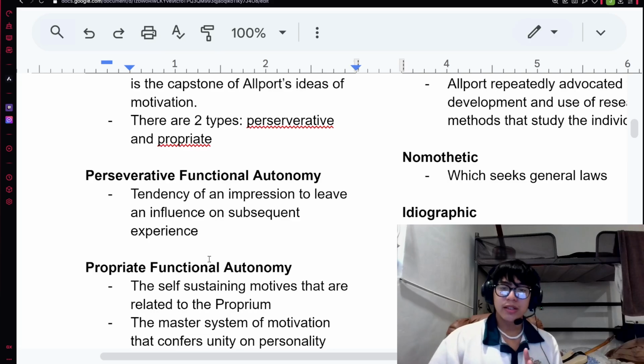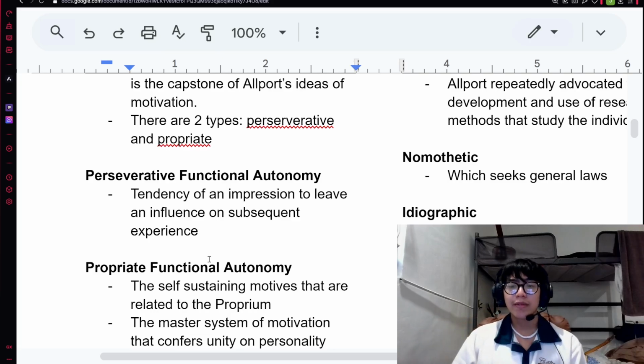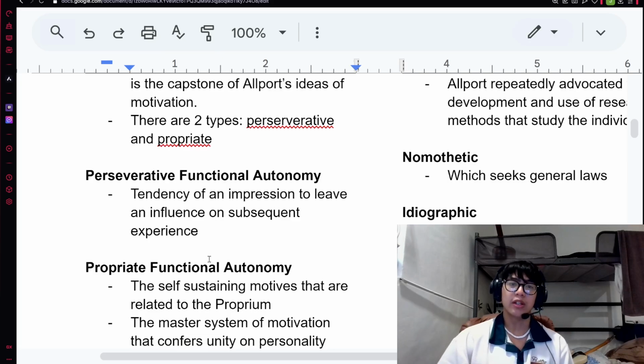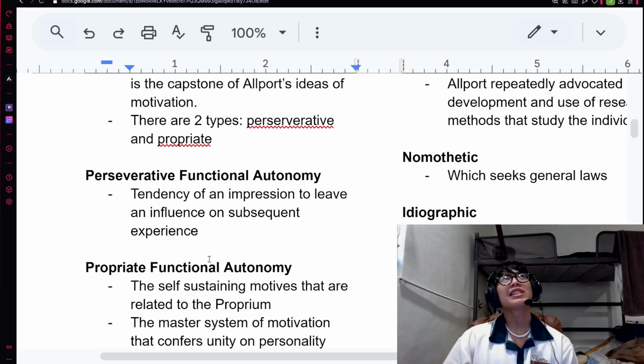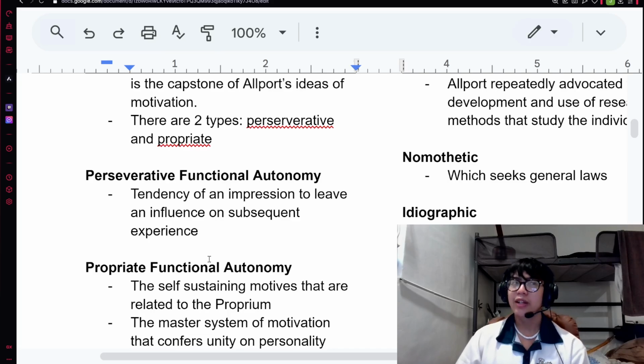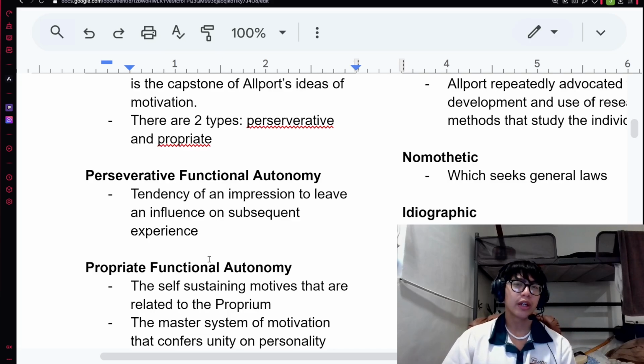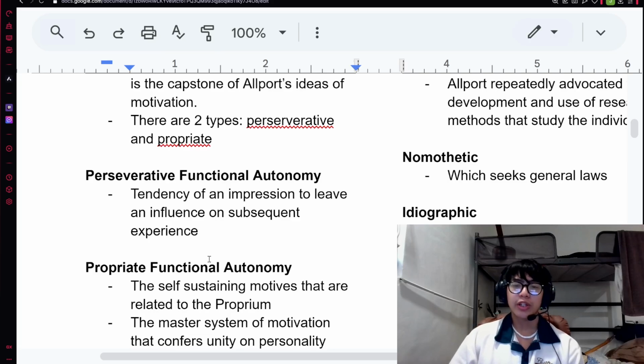So what's perseverative functional autonomy? This is the tendency of an impression to leave an influence on subsequent experience. It's somewhat like conditioning, not really specific on either, but somewhat like conditioning.